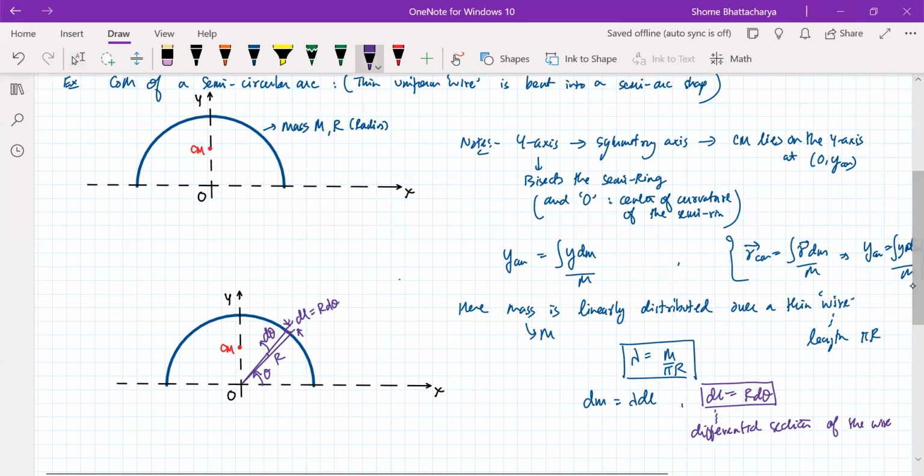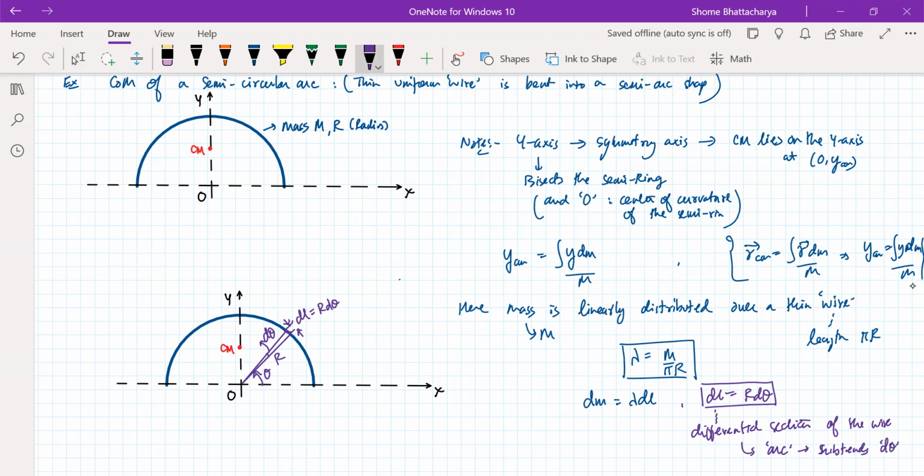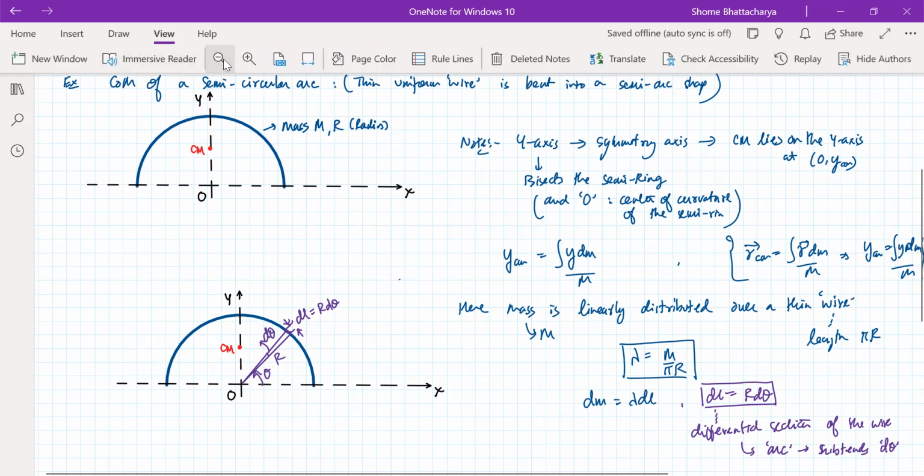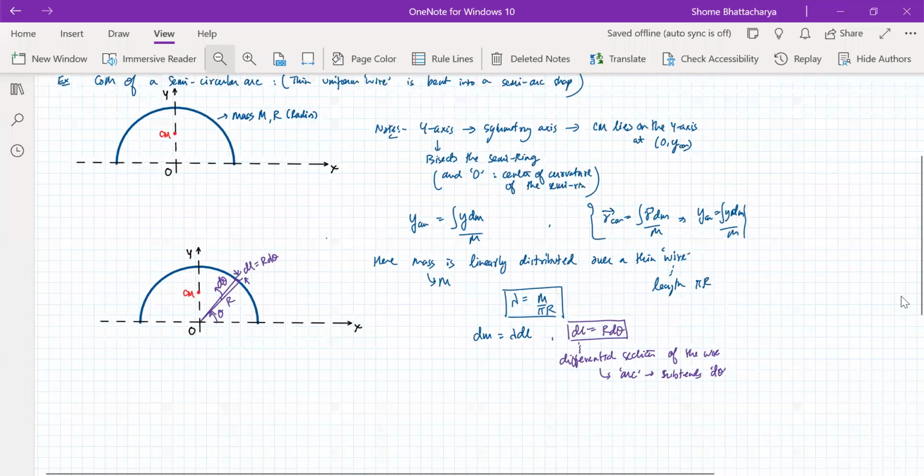It subtends a differential angle d theta at the center. Hence its length becomes r d theta. So the mass of that differential particle will become lambda into r d theta, and lambda we've already seen is total mass upon pi r.